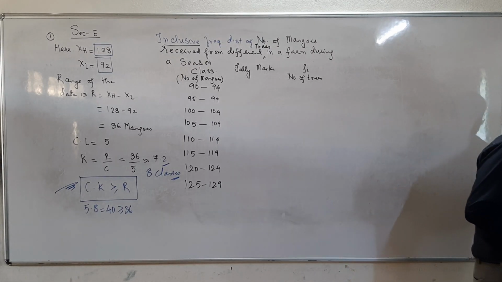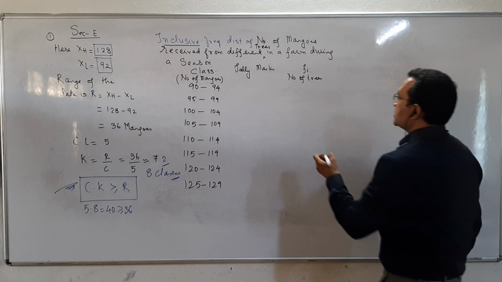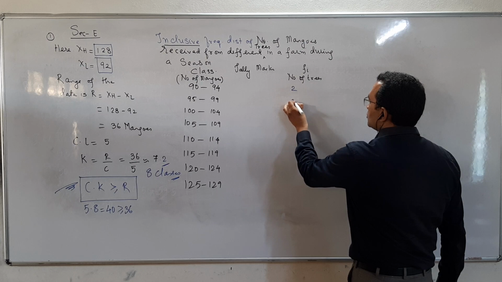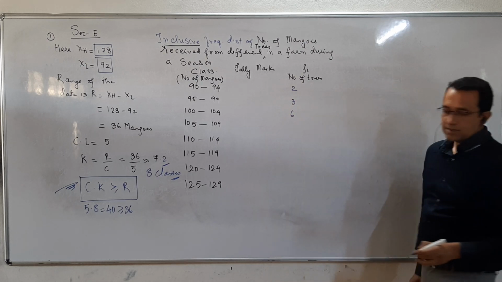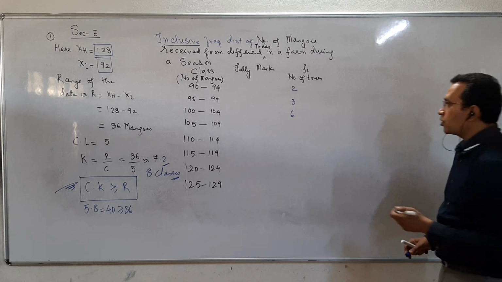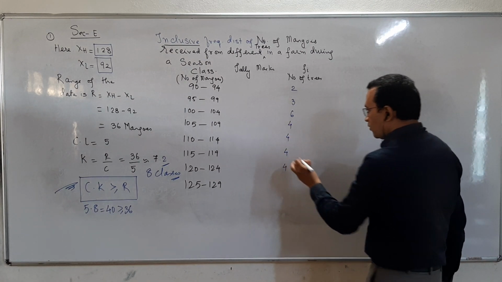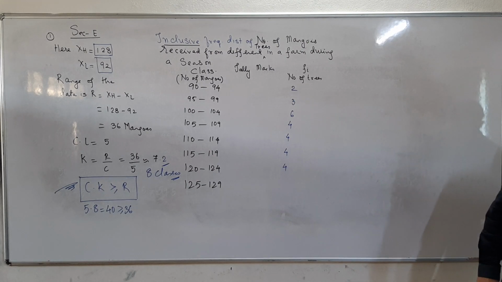Now students, tally marks you can easily do on your own. I have done them beforehand. The frequencies are 2, 3, 6, then 4, 4, and the last frequency is 3.